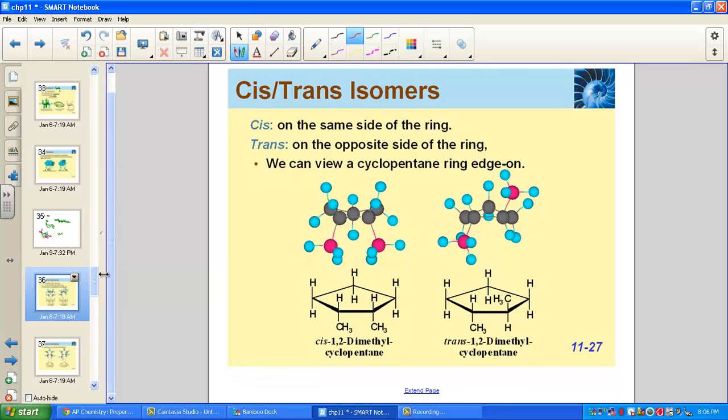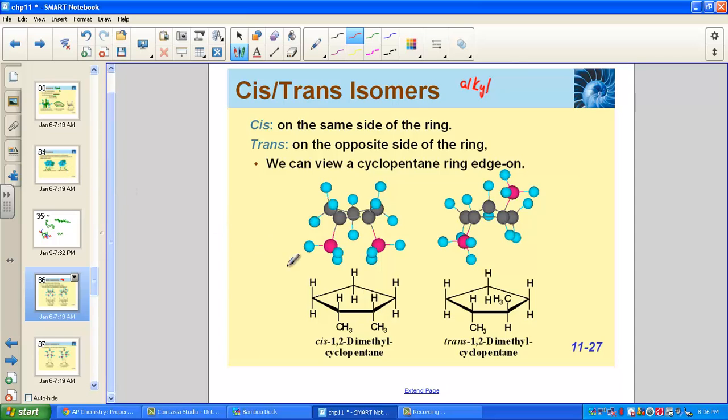Another type of configuration of a cyclic structure is called cis and trans, specifically relating to the alkyl functional groups. What are the alkyl branches coming off? So let me just repeat myself. Cis and trans isomers are going to tell me the arrangement of an alkyl functional group, an alkyl chain, something hanging off of the cyclic structure.